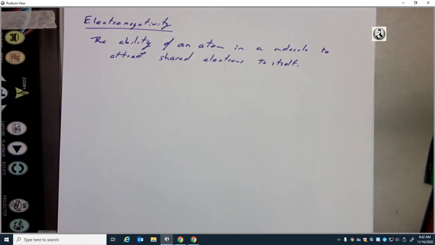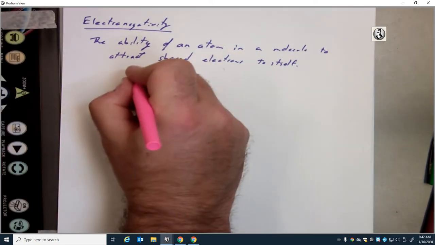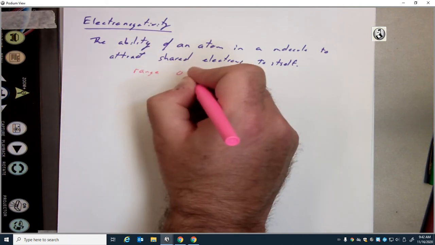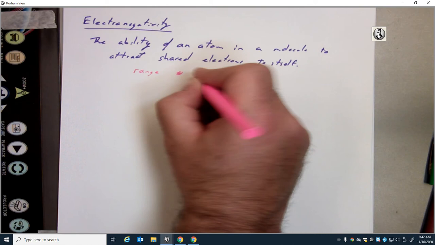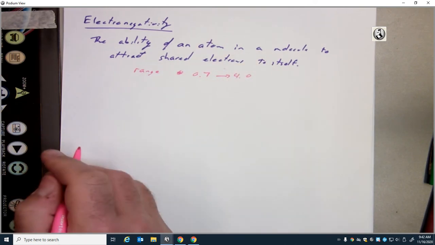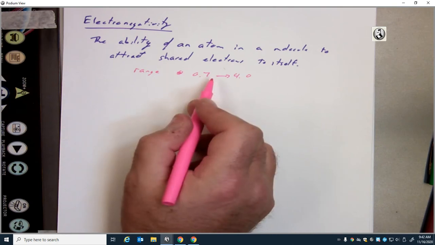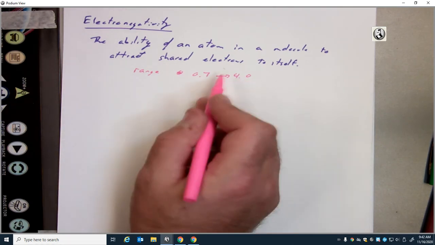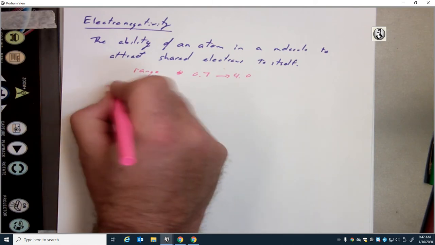Now, this is a range. It goes from 0.7 up to 4.0. And what this is really telling me is if an atom wants to gain or lose electrons.